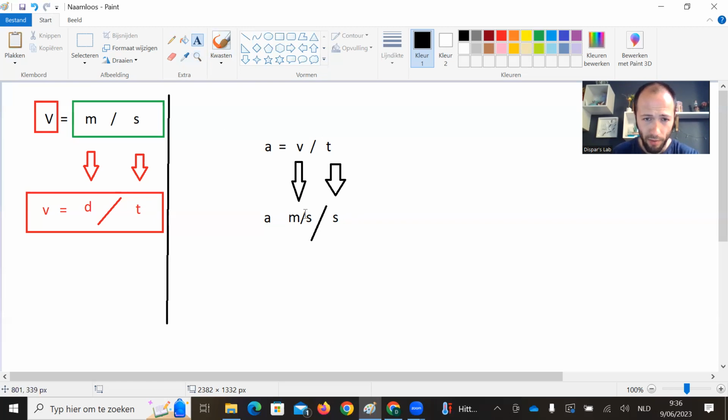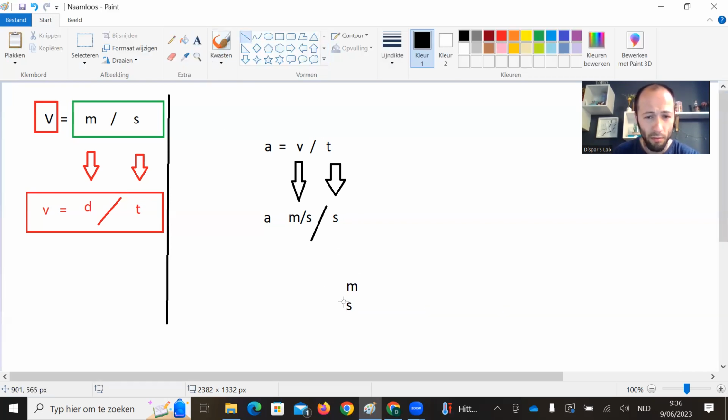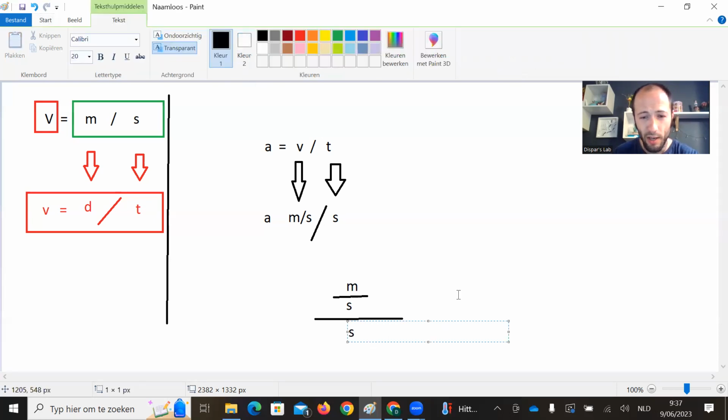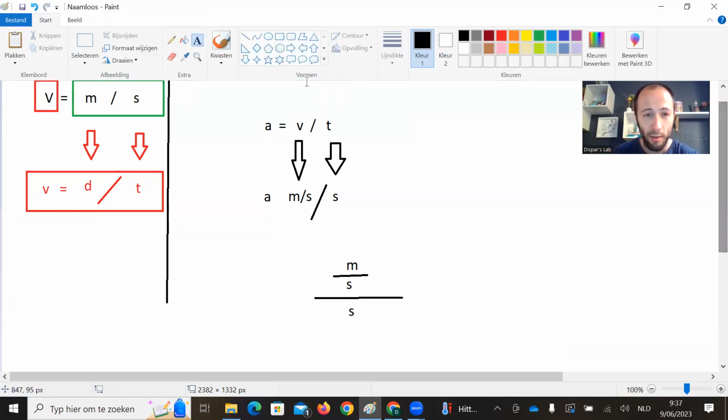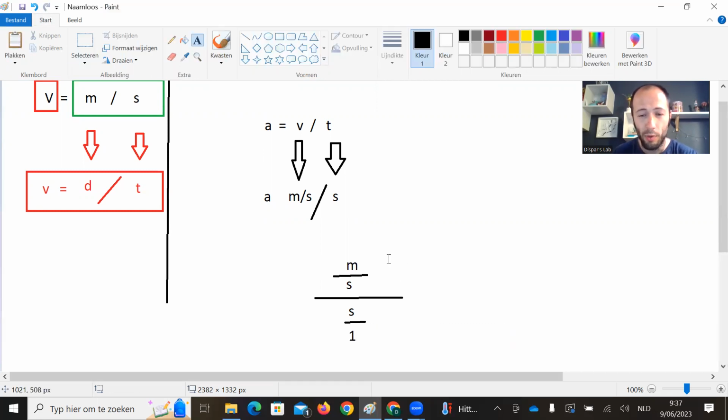So we have a fraction, meters per second, over seconds. And you could write seconds as s over 1, another fraction. So we have a fraction divided by a fraction.